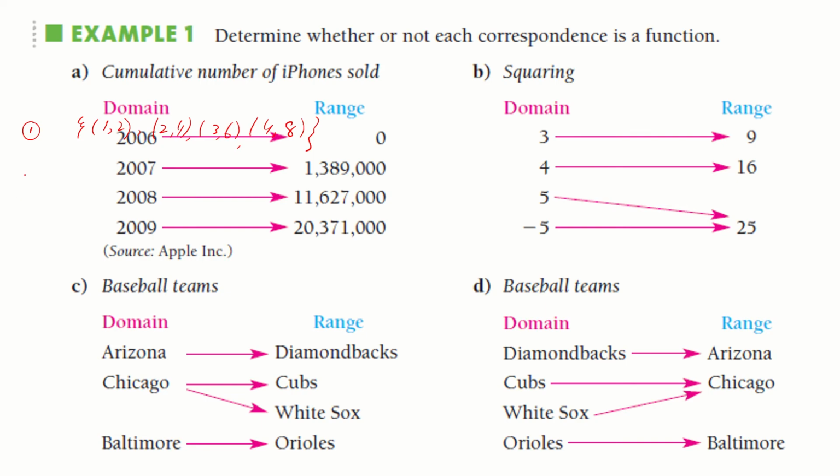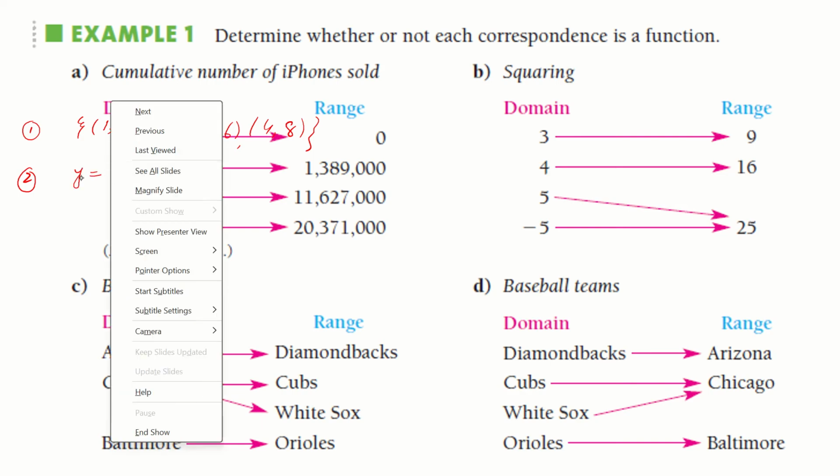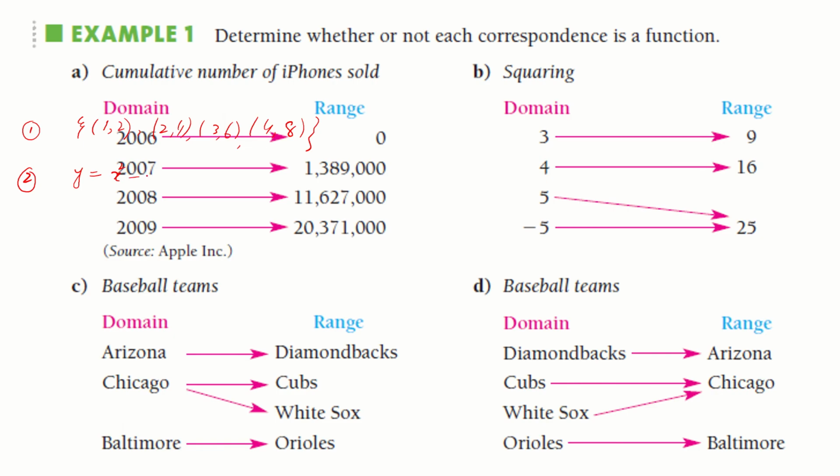Another way of expressing a function is a formulation, a formula or a rule, like we write a function in the form y is equal to x square plus 2x minus 6. A third way is the geometrical representation, like we have a graph, something like this straight line.